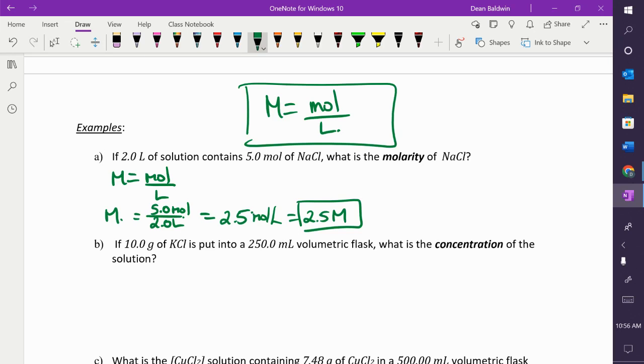So then if somebody asked you what's the concentration, you would say the concentration of NaCl, square brackets around NaCl means concentration, is 2.5 molar.